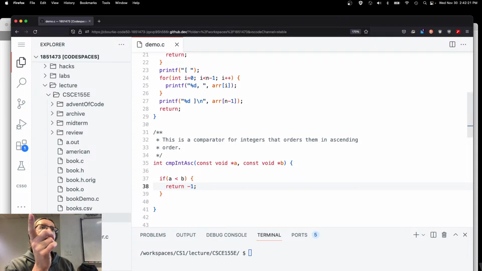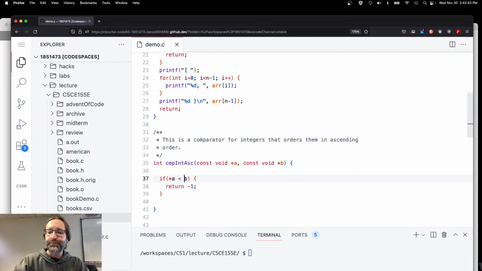They're anything, right? All they are are raw memory addresses. It's pointing to this memory address and it's pointing to this memory address. Does it make sense that this value comes before this value just because this memory address comes before this memory address? No, right? So we need to dereference them.